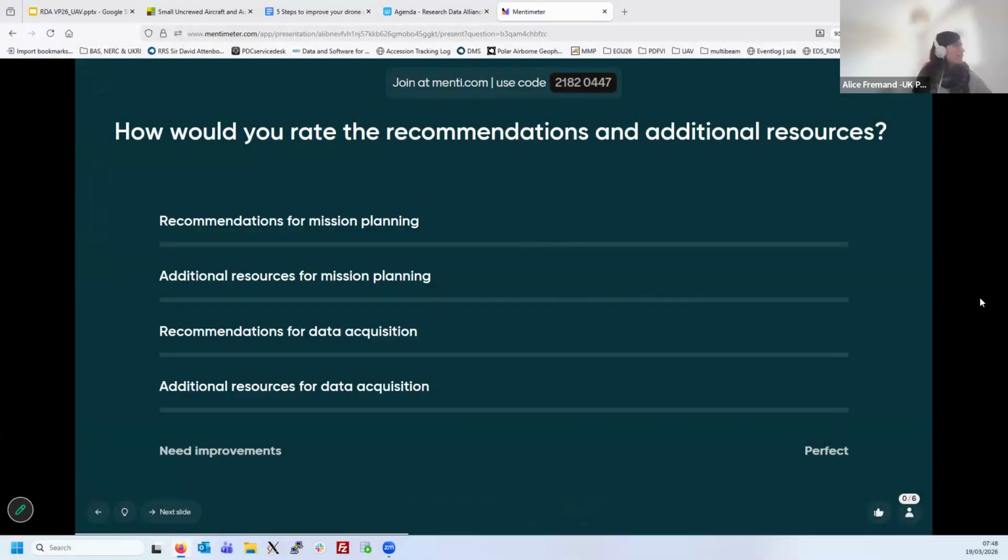I think we wanted to have a bit of feedback on what you thought about the first guidelines regarding mission planning and data acquisition, and if you have any feedback for us on these two themes.